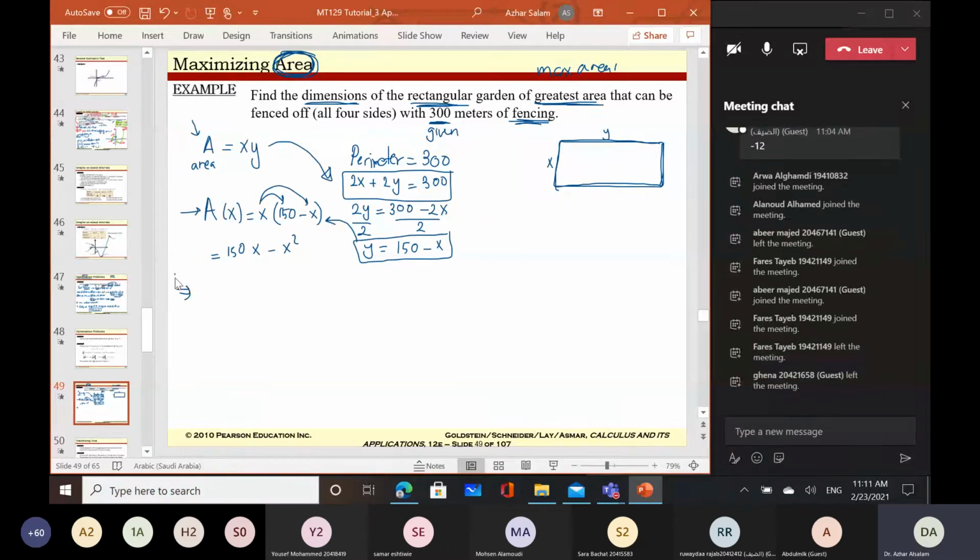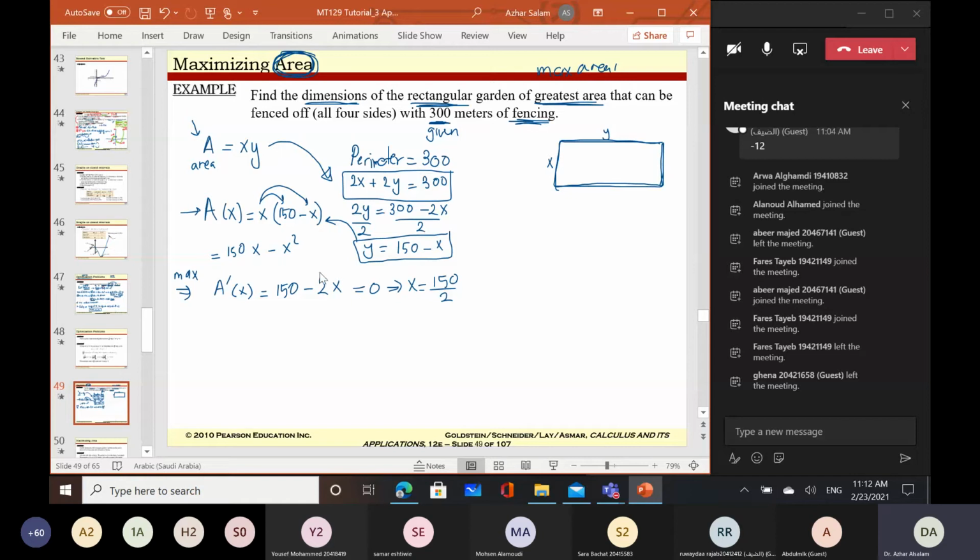So A dash of x is 150, the derivative of this, minus 2x. Now to find the critical point, I find the zeros. So it will be at x equals 150 divided by 2.